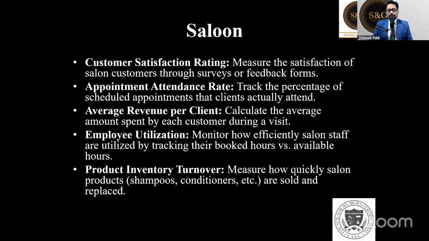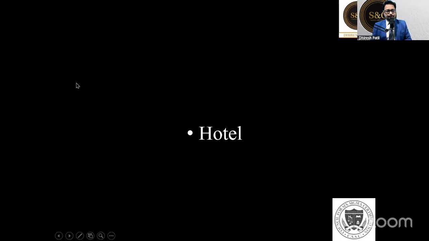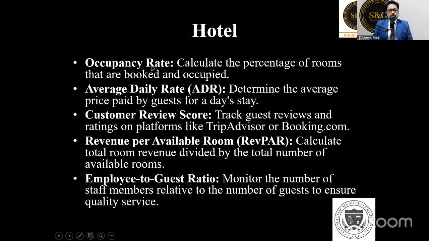Let me give you another example, of a hotel. Occupancy rate. Let's say there is a 5-star hotel. The percentage of the rooms booked and occupied. Let's say we have 100 rooms, out of which 70 rooms are occupied, that is a 70% occupancy rate.